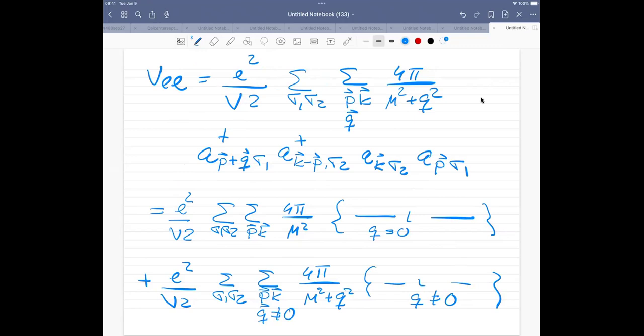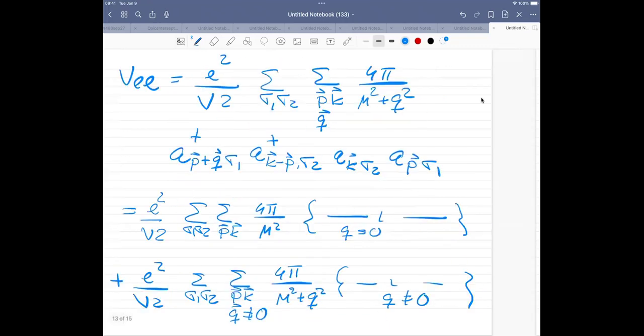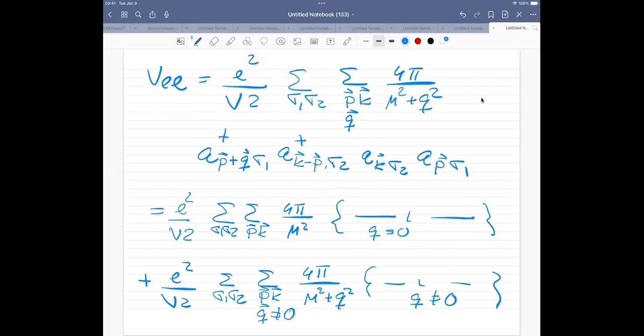If you look at the spin degrees of freedom, when I'm calculating an expectation value, then this sigma 1 has to be equal to this sigma 1, and this sigma 2 has to be equal to sigma 2.